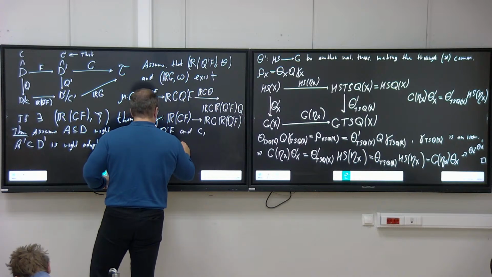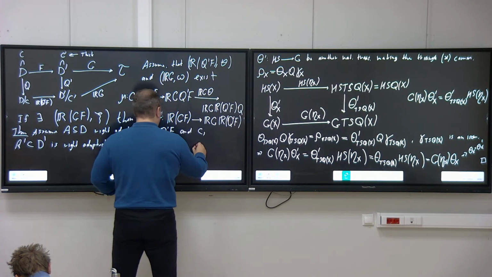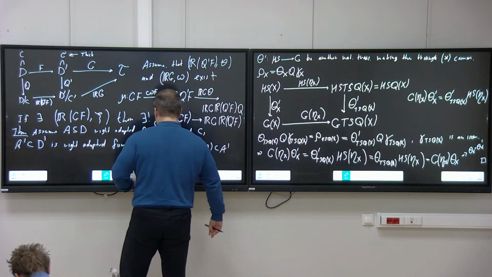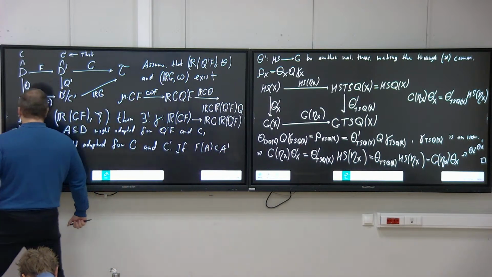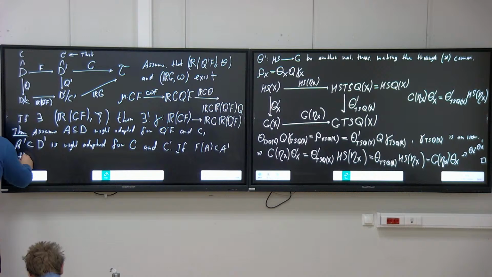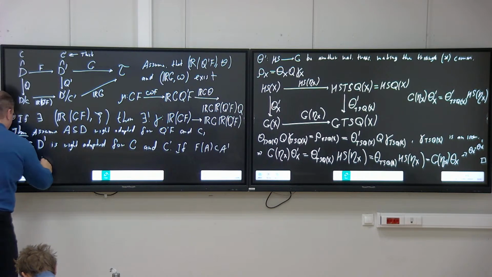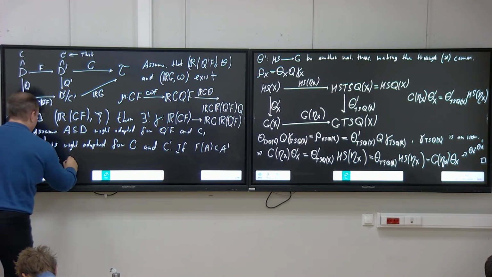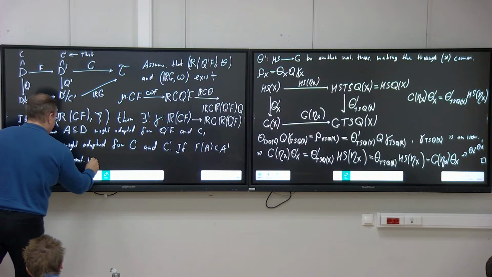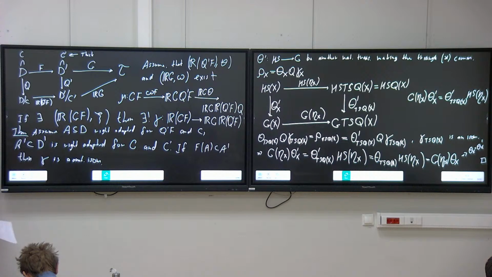If additionally I know that F of A is contained in A prime, so that F takes adapted objects to adapted objects, then gamma is a natural isomorphism. Or in other words, the derived functor of a composition is the composition of derived functors.